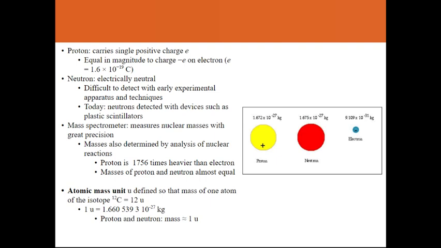So one atomic mass unit is about the mass of a proton or a neutron. This rescales the units of mass, so we're not always using such tiny amounts of kilograms to describe nuclear masses.